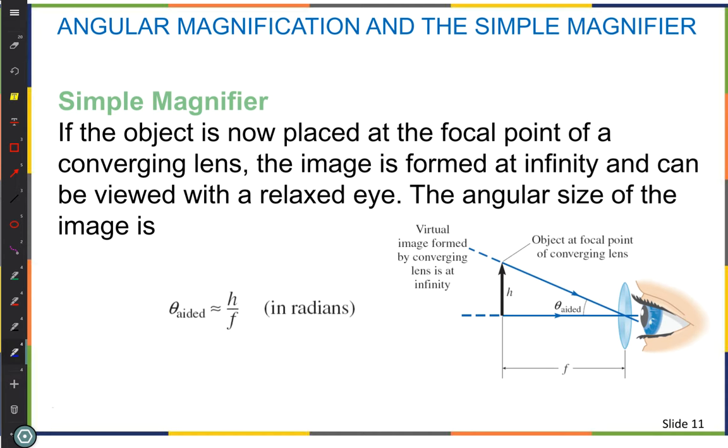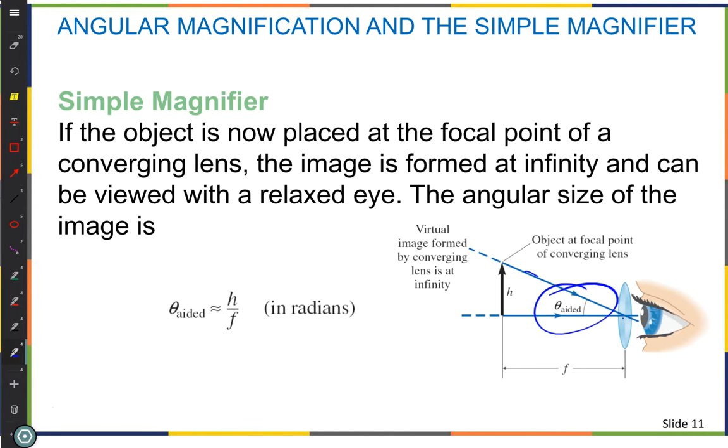So now I have an object that's at the focal length away, so the image is infinitely far away. The vertex ray goes straight through, so the image is going to be on the same line as this vertex ray. So that means my aided angle is the angle between that vertex ray and my principal axis.